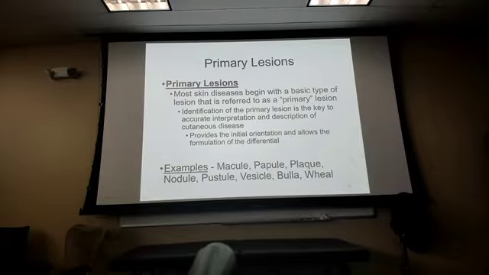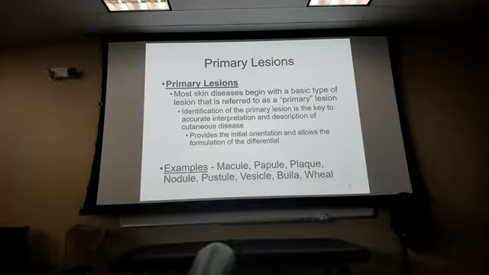Okay? Again, we talked about primary lesions. Most skin disease begins with a basic type of lesion that is referred to as the primary lesion. Where did it start? Well, it started here, and then now it's out. So you want to know those things. Identification of the primary lesion is the key to accurate interpretation and description of the cutaneous disease.